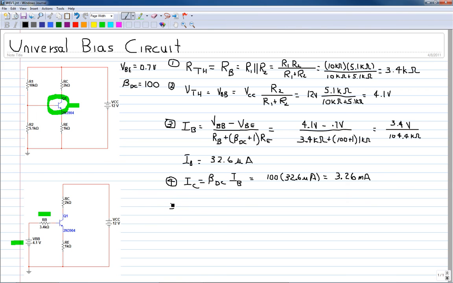The next step is to calculate I sub E, and that's equal to I sub B plus I sub C, which is equal to 32.6 microamps plus 3.26 milliamps.